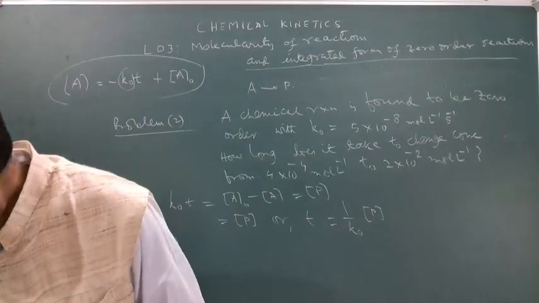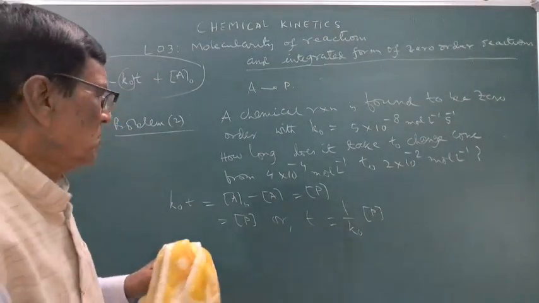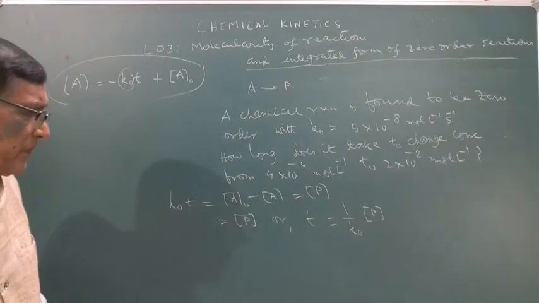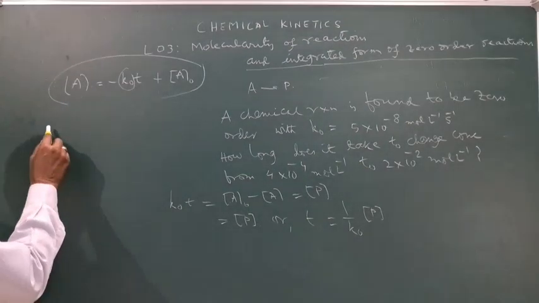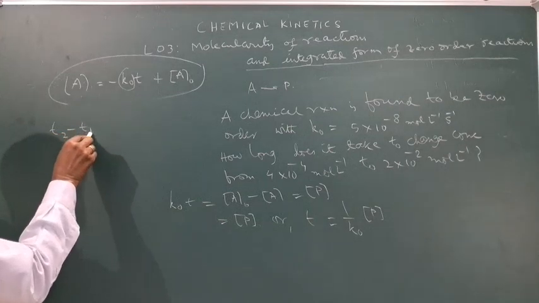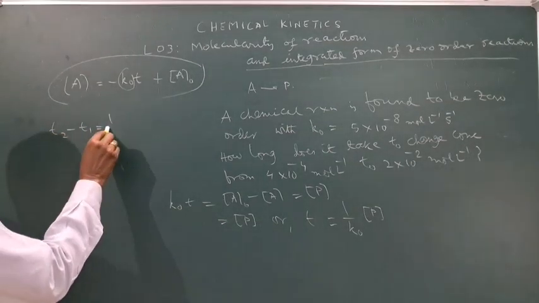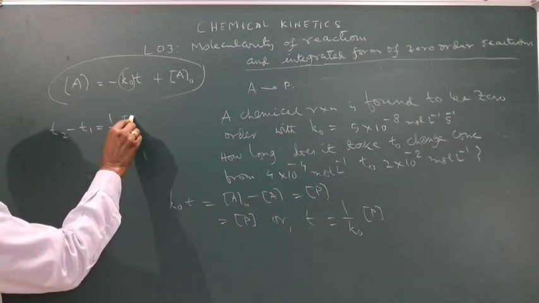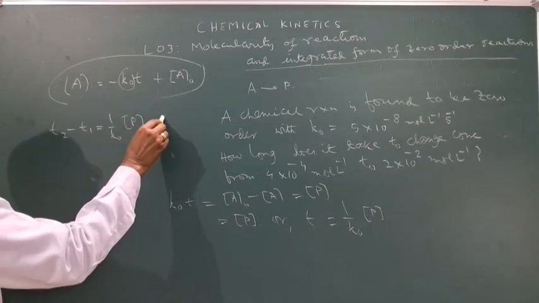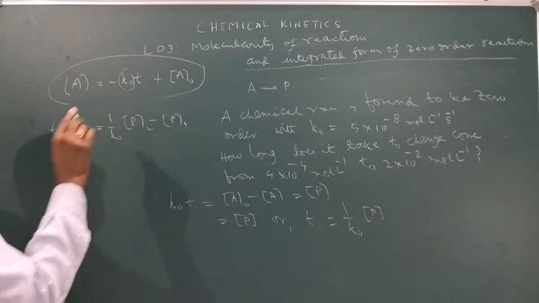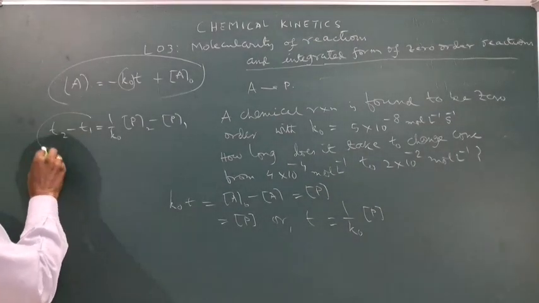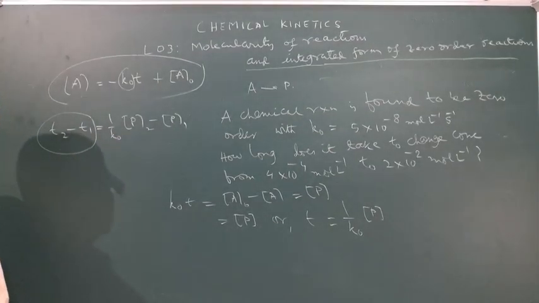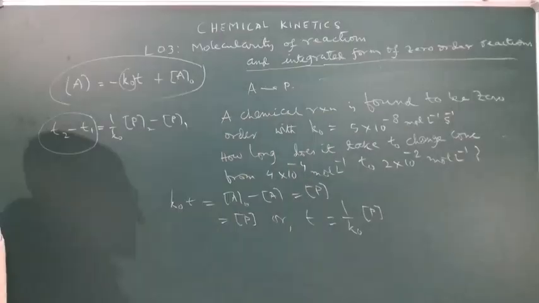So for change in concentration, that means T2 minus T1 equal to 1 by K naught into concentration of P2 minus concentration of P1. This is the time required for changing the reaction from P1 to P2.